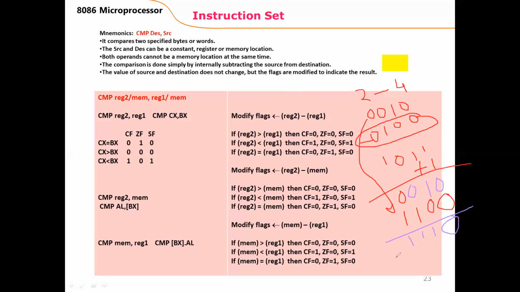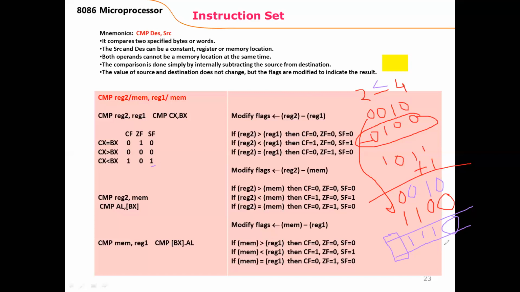Now if we remember the principle of 2's complement method, if the result is not getting any carry, then this means that the result is negative, and result is negative means this number is smaller than this number. Result is negative, so in this case sign flag will be set because result is negative.